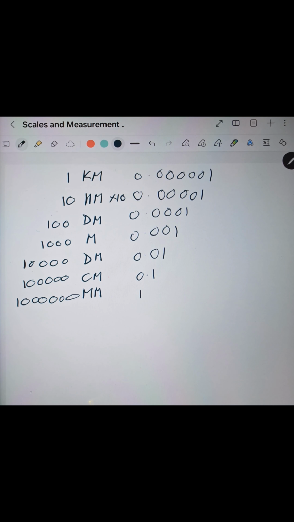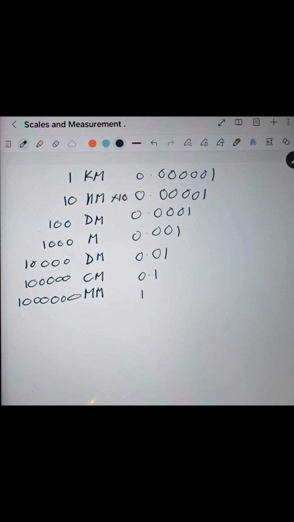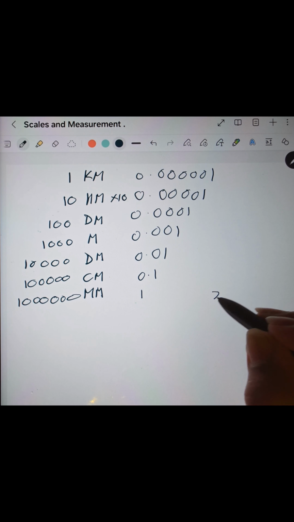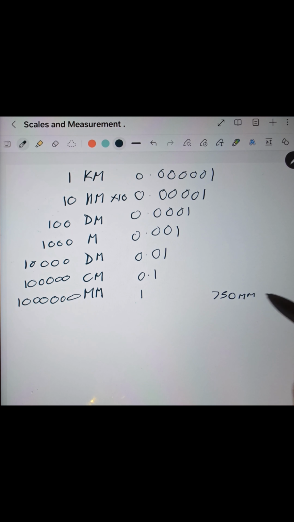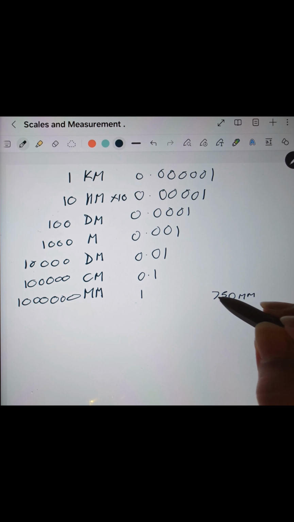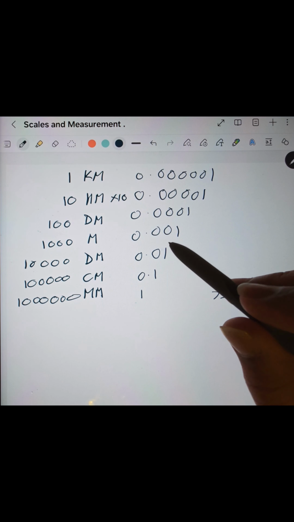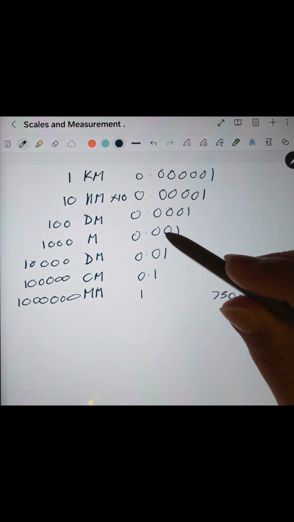Like I gave an example, let's say 750 mm needs to be converted into meter. So I will divide 750 mm by 1000, which is 3 zeros and 1.